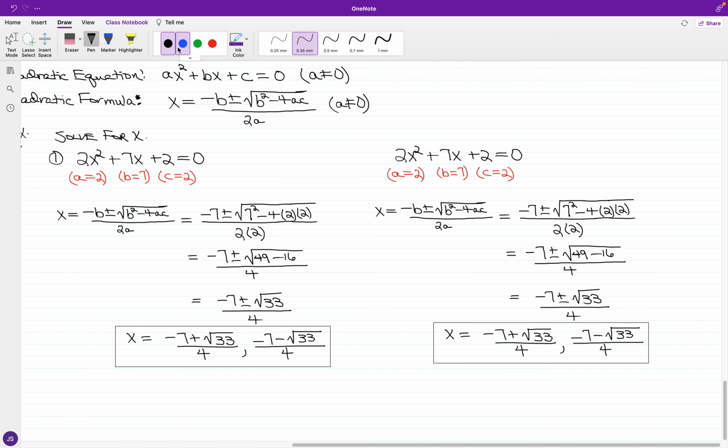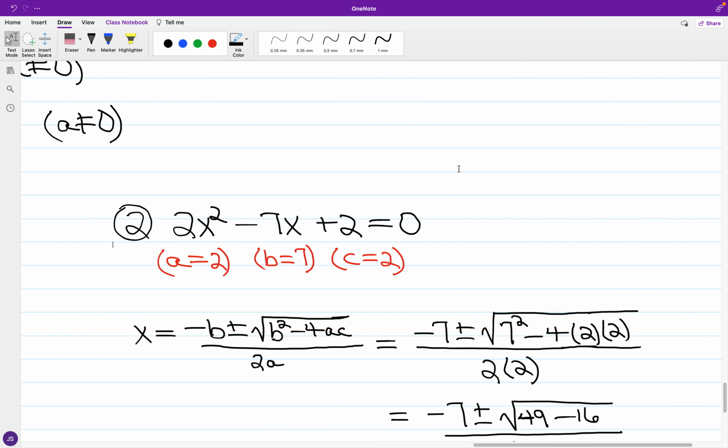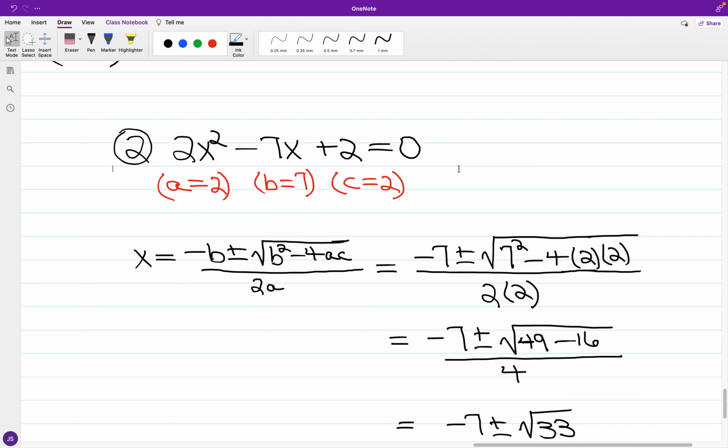If I have 2x squared minus 7x plus 2 is equal to 0. So in the setup, we got 2x squared minus 7x plus 2 is equal to 0. Almost, but not exactly duplicating the first example.